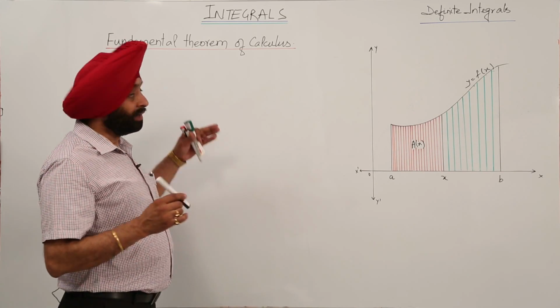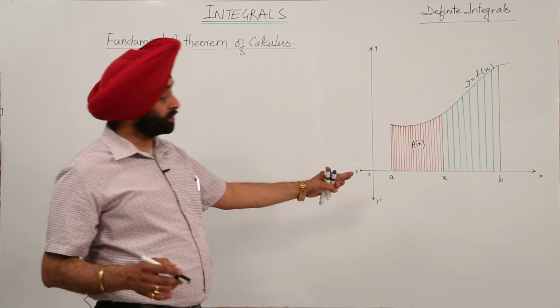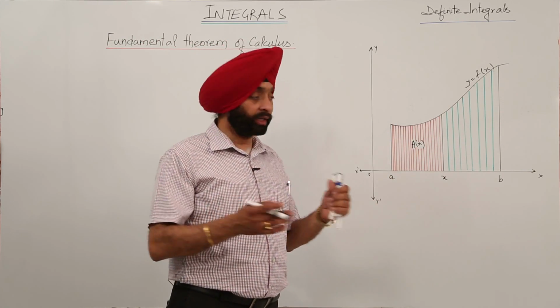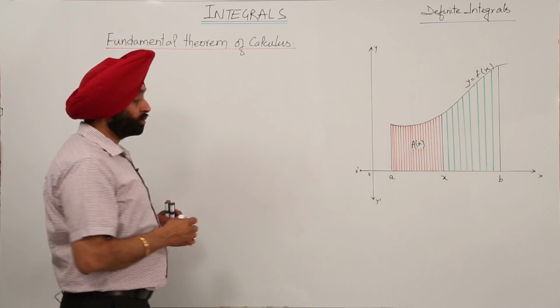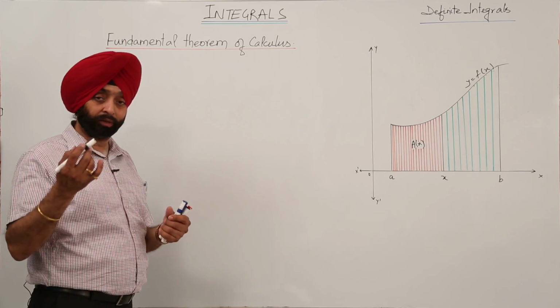So now let's discuss the fundamental theorem of calculus first with the help of this graph, which we have already done. Now, when we introduced this graphical part for definite integrals, how was it defined? Let me repeat it.